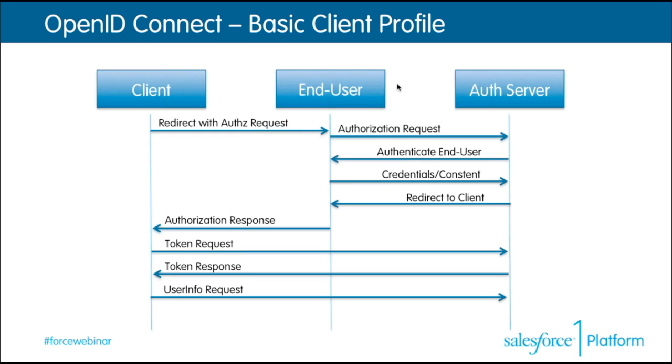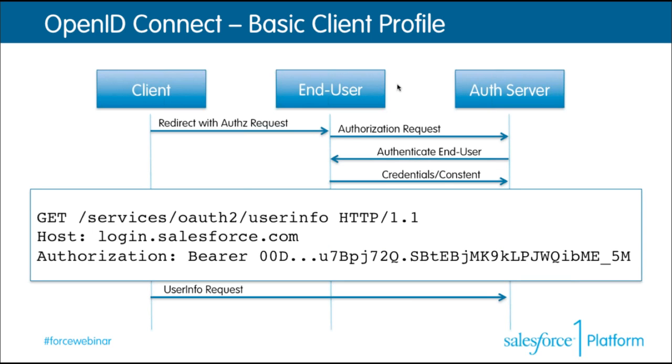So with that, usually the next thing the client app wants to do is to take the access token and just make a regular web services request to this OpenID Connect user profile service. So this is a well-known URL that the client can use with, again, an OAuth 2 request, bearer token, that's the access token it got a minute ago.